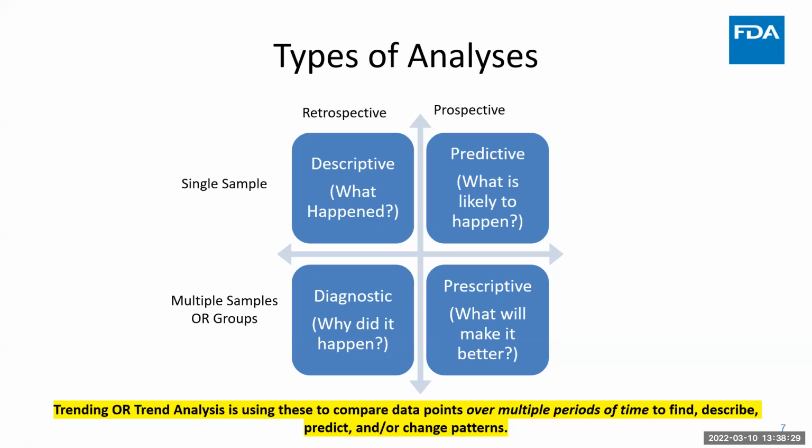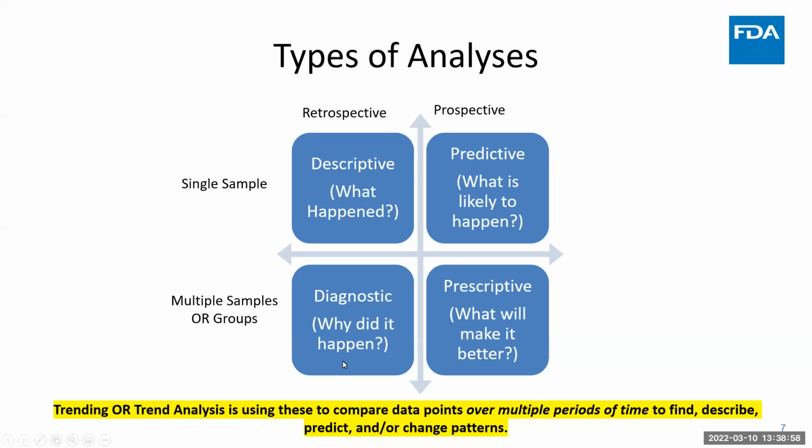Just another quick review. We talked about the types of analyses. Again, today we're going to focus on the descriptive, which is typically a single sample looking backwards at what has happened. We are going to go into some diagnostic, where you may have multiple samples or groups of data that allow you to look back and figure out what happened.